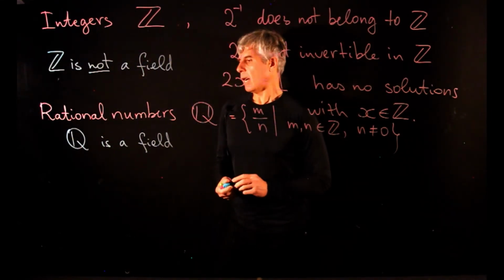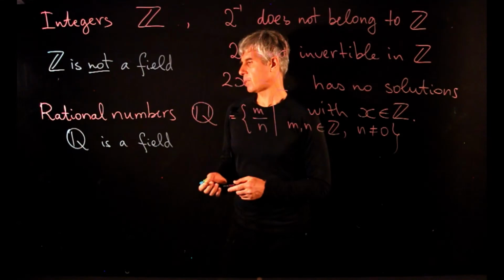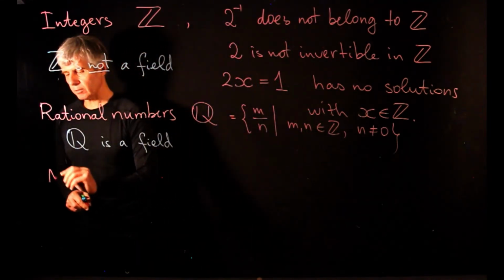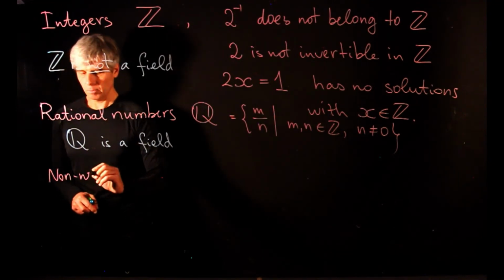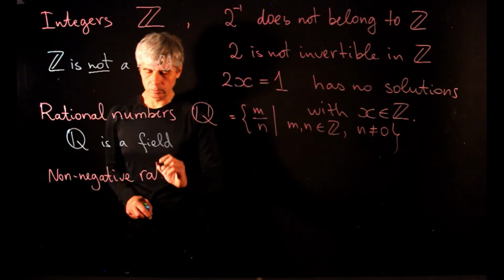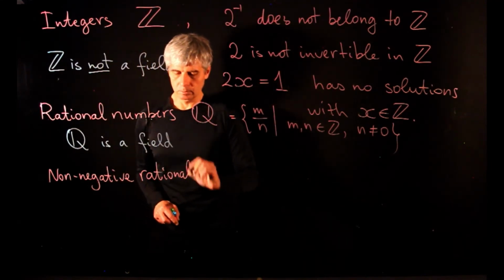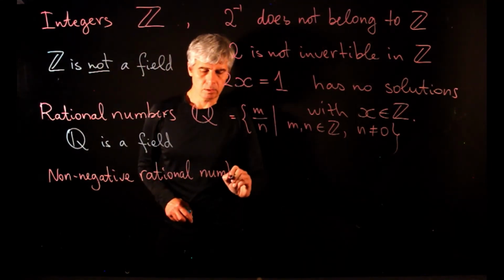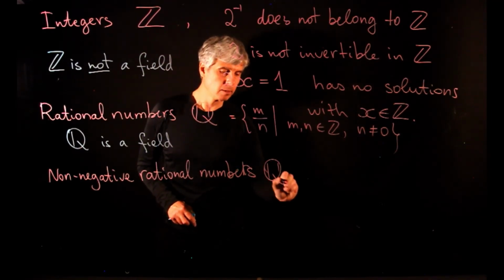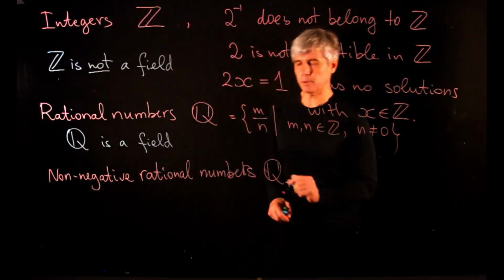All right, so how about we take a variation of this? So let's take non-negative rational numbers. So we will call this Q plus. So is this a field?